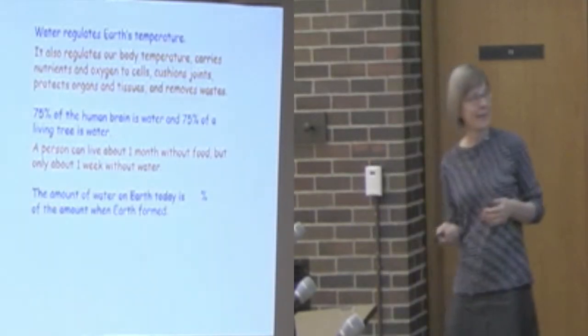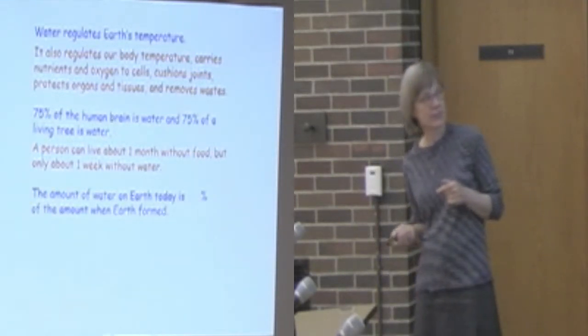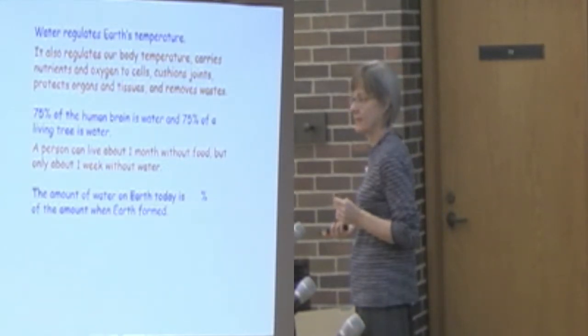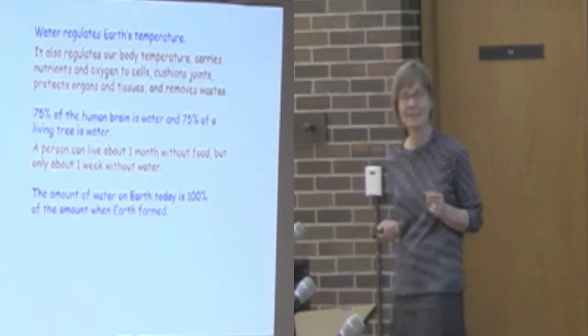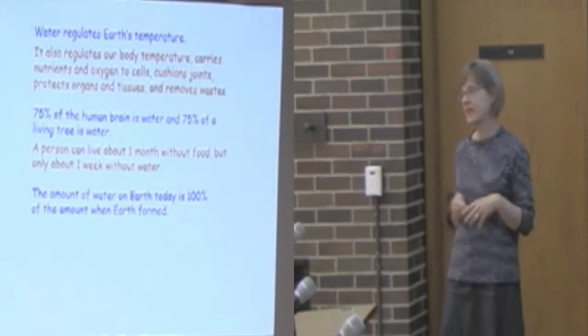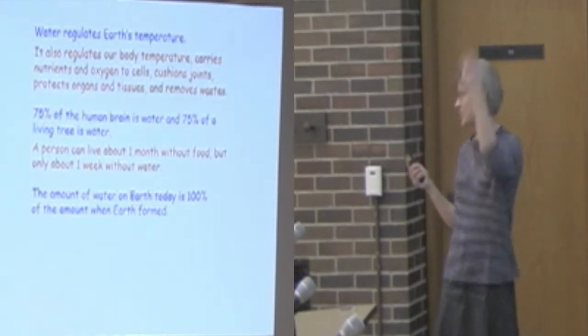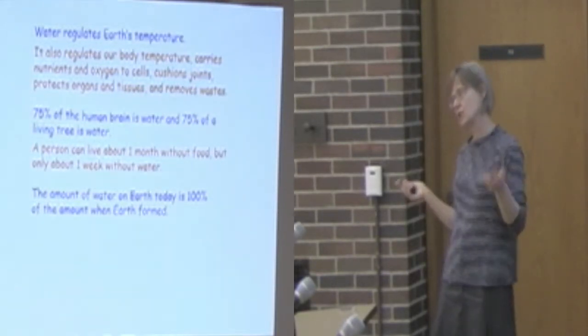Okay. The amount of water on Earth today is what percentage of the amount that existed when the Earth first formed? 100%. Okay. So all the water that was there when it first formed has been redistributed. Now we have oceans, and some in the atmosphere. It's the same total amount.